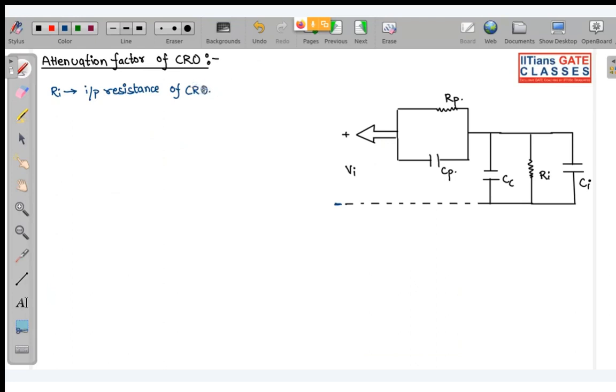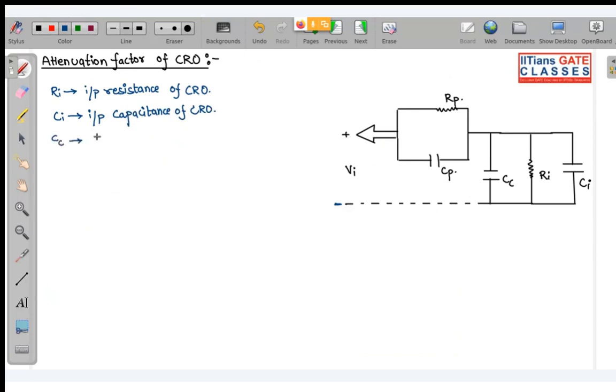Now, what is this Ci? Ci is the input capacitance of your CRO. Now, what is Cc?